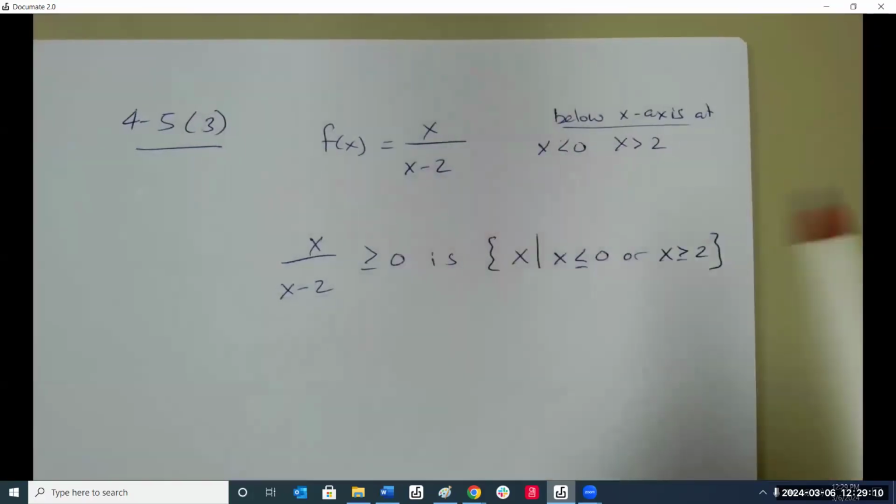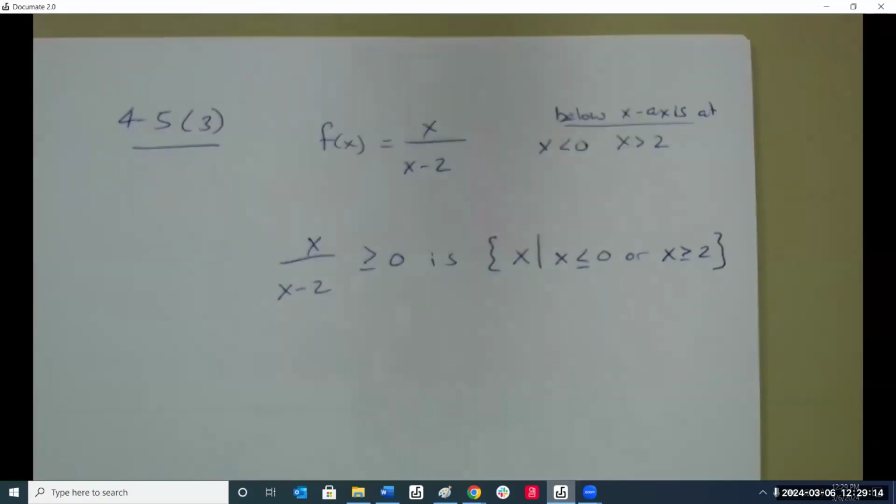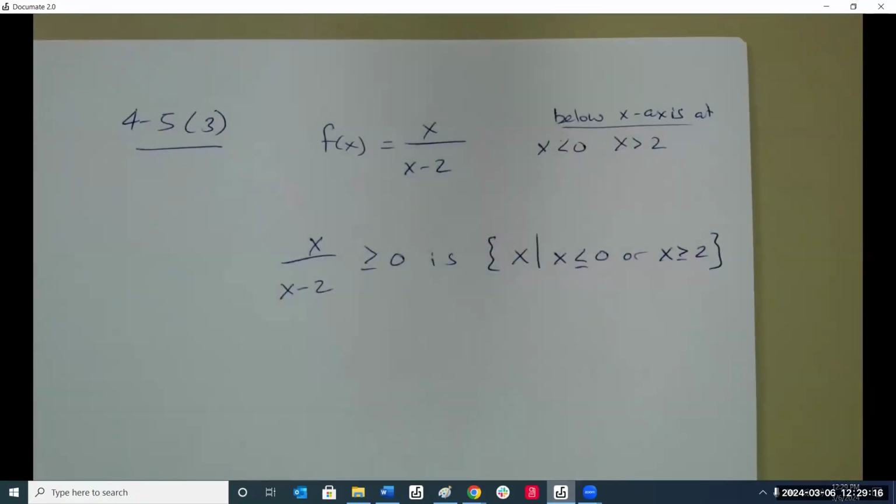So the function here is below the x-axis here. Is this a true statement? So where x is greater than 0 is this. Are you sure? Let's see what it says.